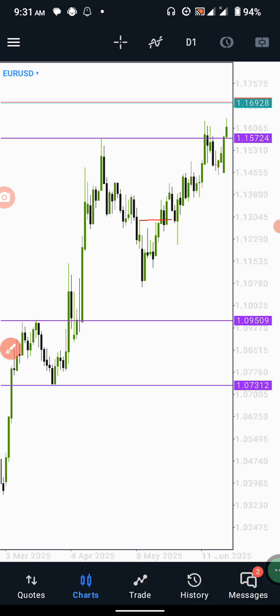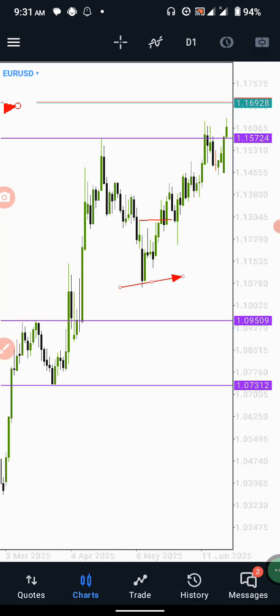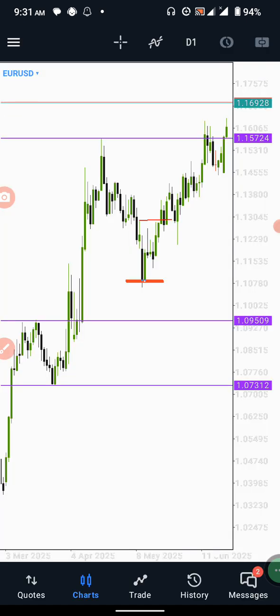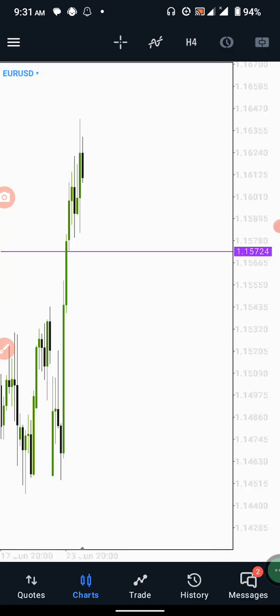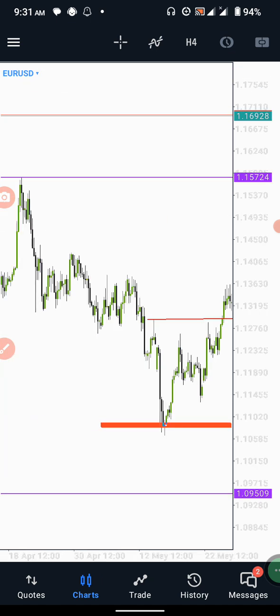So, I want us to check H4 to see if we had a shift in H4 at that low. Okay, this is H4. Yes, H4 also had a shift. We had a shift with two inside formations.